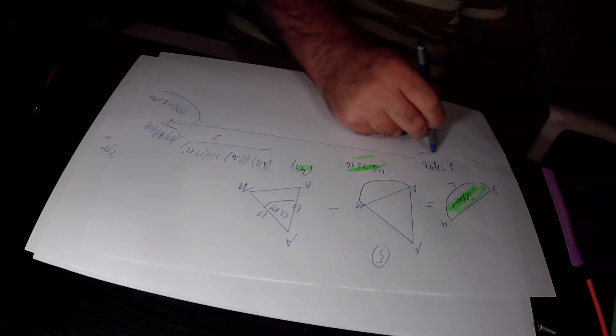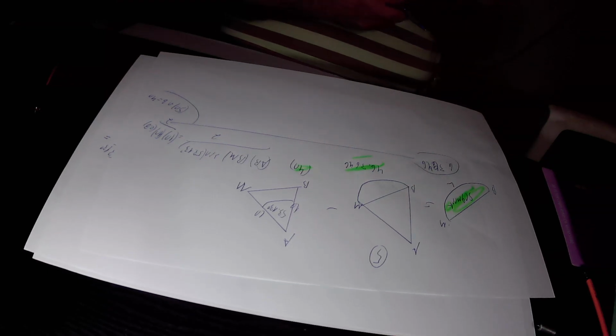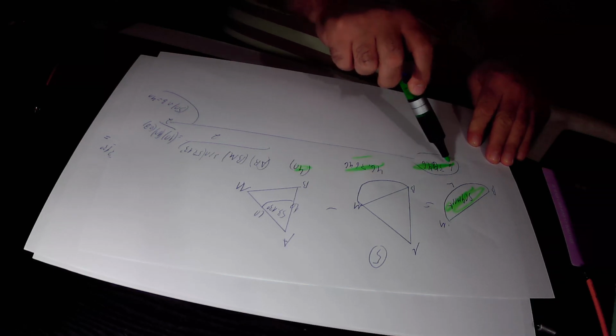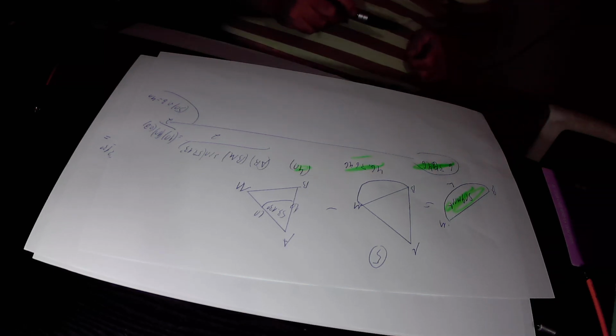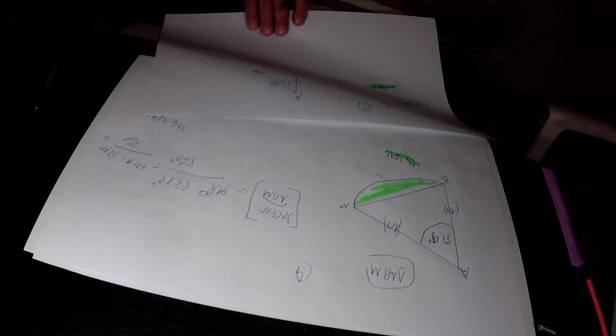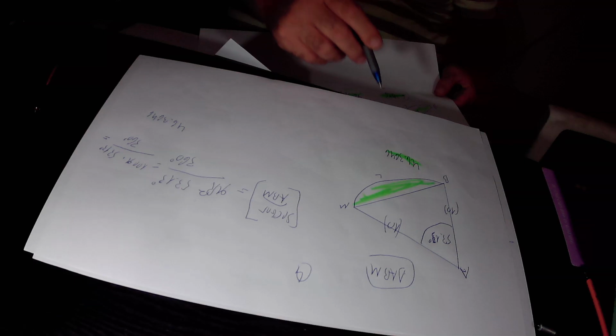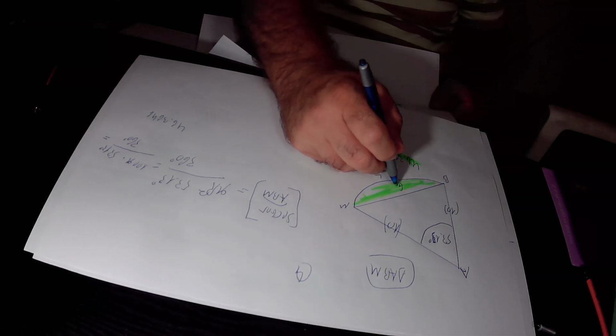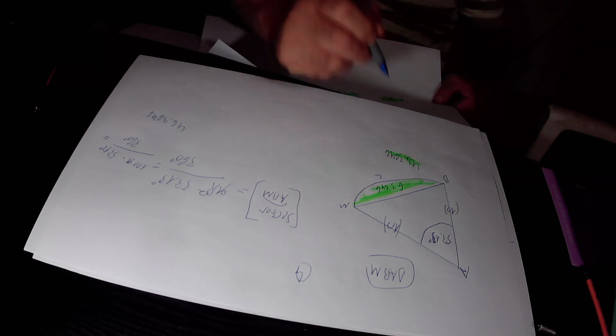So in total, the area of the lower segment BLM equals 6.3646 square units in its size.